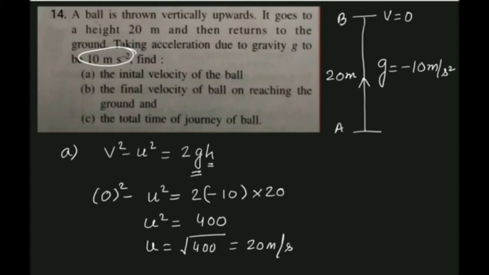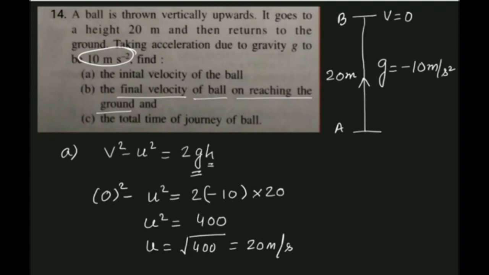Now come to question number 14, B part. They are asking for the final velocity of the ball on reaching the ground. So on reaching the ground means the ball has gone from A to B, and when it comes back to A, what should be the velocity of the body? It will be the same as the initial velocity, and initial velocity is coming 20.